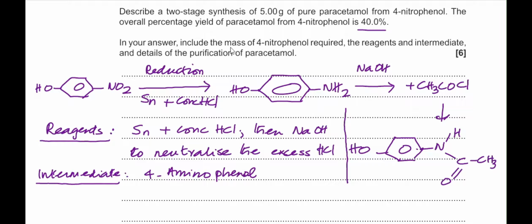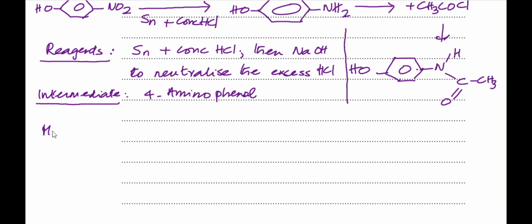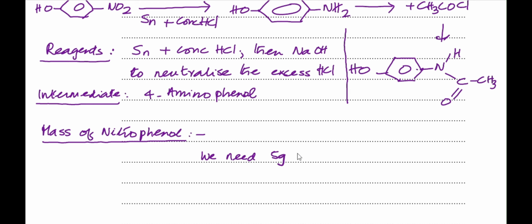Now we need to calculate the mass of 4-nitrophenol required for the reaction. Let us put a side heading, mass of nitrophenol required. Starting with, we look at what is the end product. We need 5 grams of paracetamol.